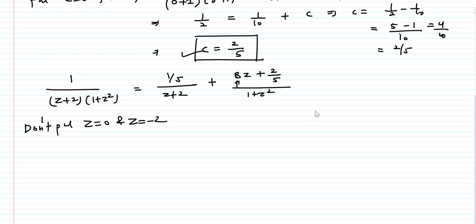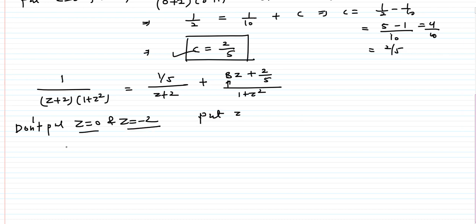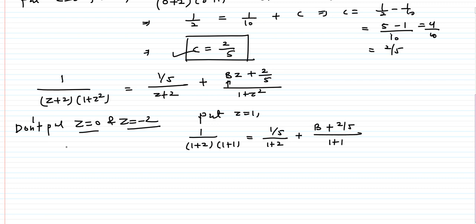So we need to put z is equal to 1, then 1 upon (1 plus 2) multiplied to (1 plus 1) is equal to 1 by 5 upon 1 plus 2 plus b plus 2 by 5 upon 1 plus 1. It will give 1 upon 6 is equal to 1 by 15 plus b by 2 plus 1 by 5. 2 by 5 divided by 2, that is 1 by 5.